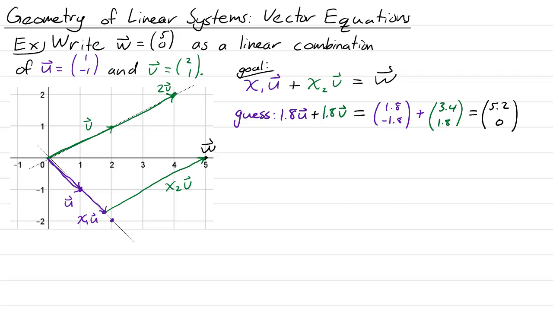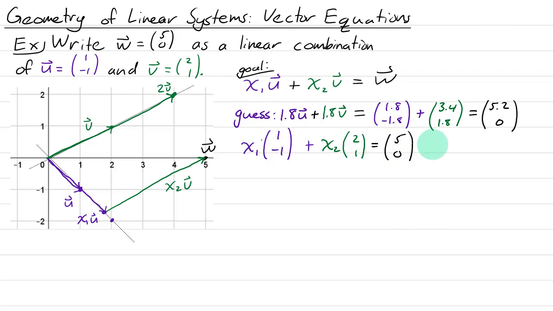We're going to solve this equation. To write this equation out, I'm going to rewrite u as the vector 1, negative 1, plus x2 times 2, 1, which looks like this.